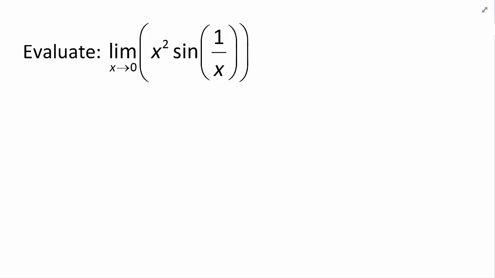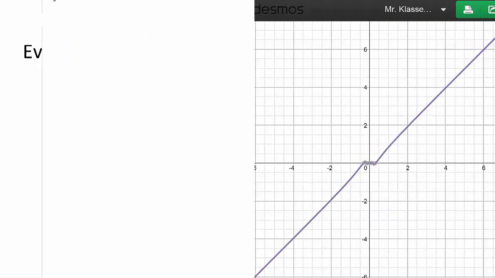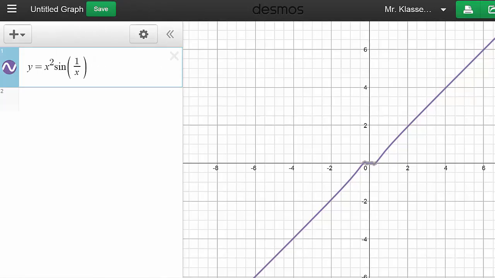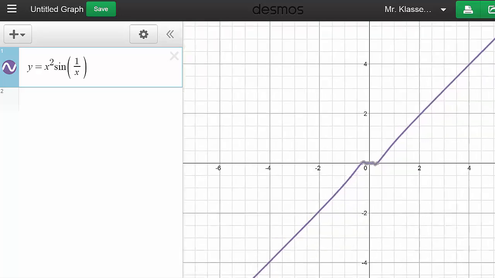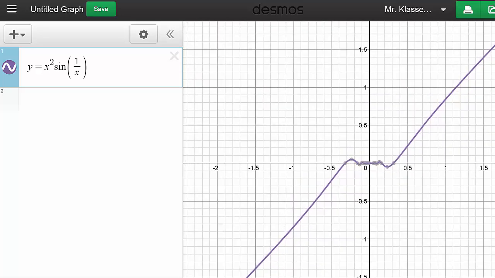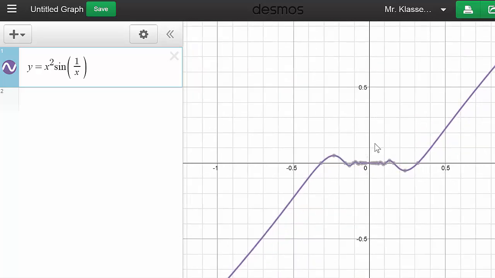Well, we can't do a substitution here because 1 over 0 is undefined, so we can't even take the sine of that value. On the graph, it appears that the limit is 0. Let's zoom in. It looks like it's 0, but it also looks like it's doing some crazy stuff in there as x is getting closer and closer to 0.